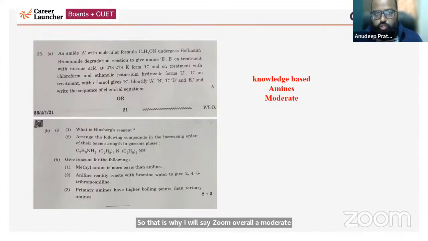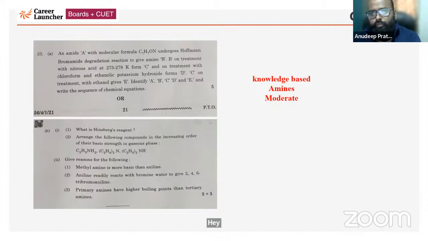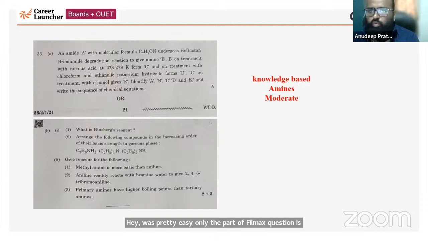So in conclusion, if you see the paper overall, I'll say it is an easy to moderate paper. The MCQ part was pretty easy. Only the 5 marks questions he has made a little bit higher than moderate, but overall, if the proper knowledge is there, these are moderate questions.